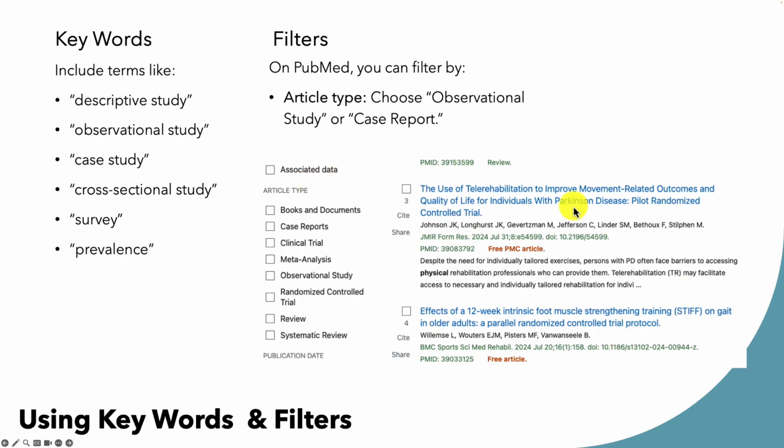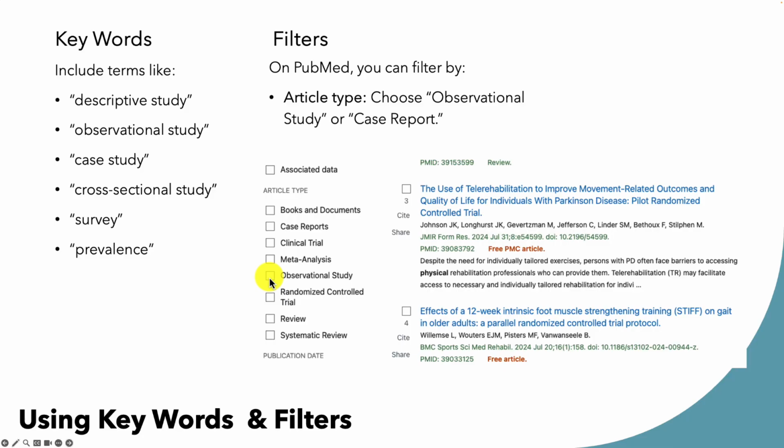And of course, when we look at PubMed, we have the articles on the right-hand side. And you can see that I did some research for those of you who are physical therapists. This one here is Parkinson's disease and movement outcomes. And I did my work. And I went in and I said, okay, do I have case studies? Do I have observational studies? And here you can see observational studies was in the filter.